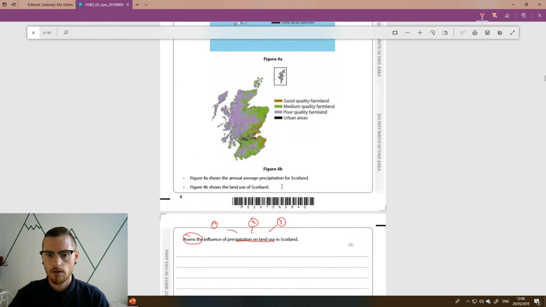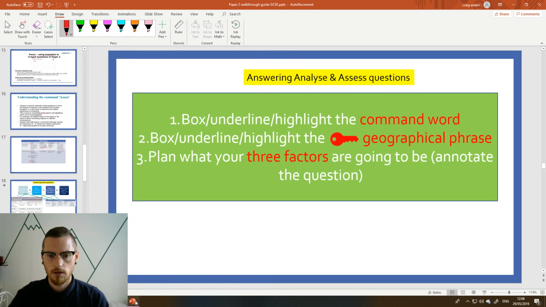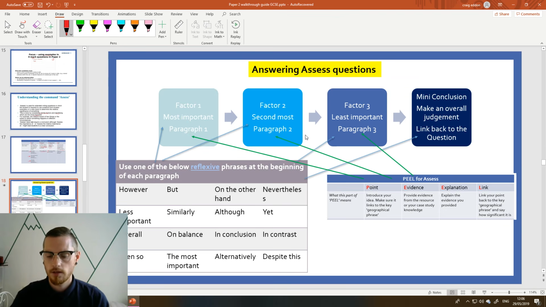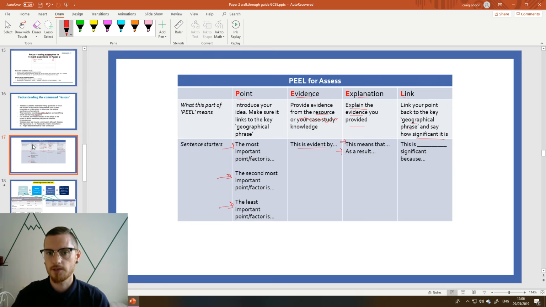Now, if I go back to the PEEL paragraphs, this is where, in terms of your PEEL, when you link back to the question here, this is our structure. The point is going to be your initial point. The evidence comes from that resource.